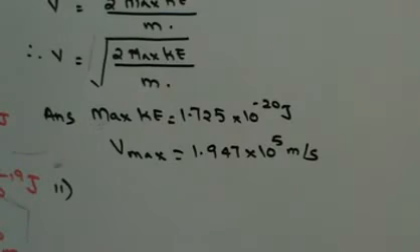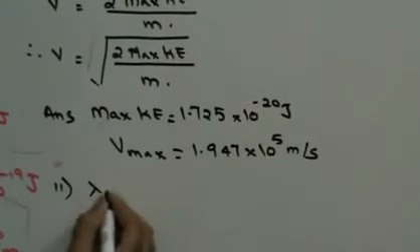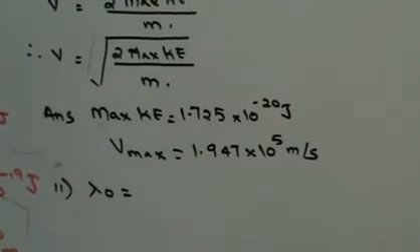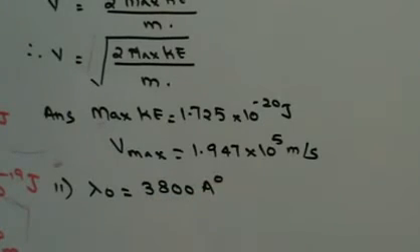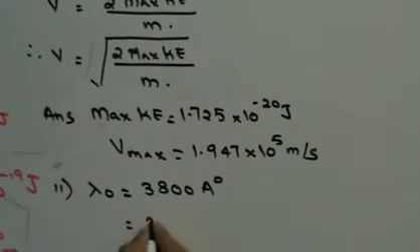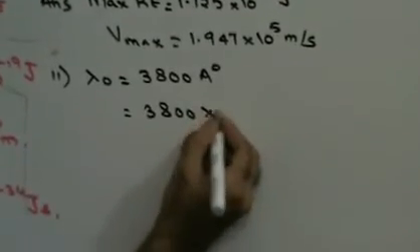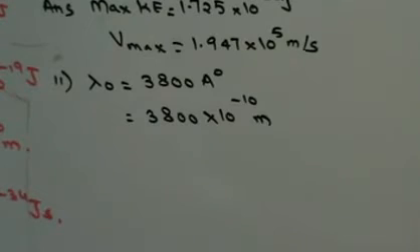The threshold wavelength of silver is 3800 Armstrong units.